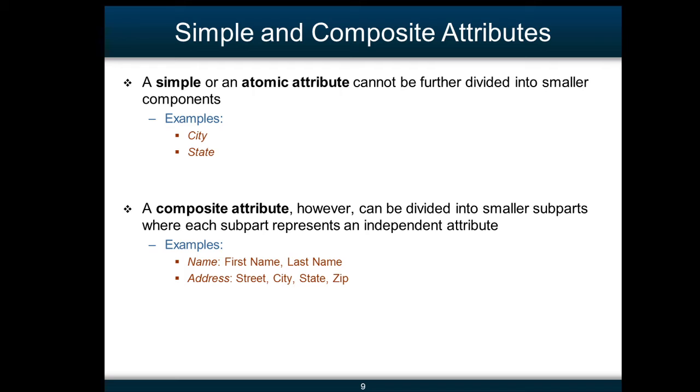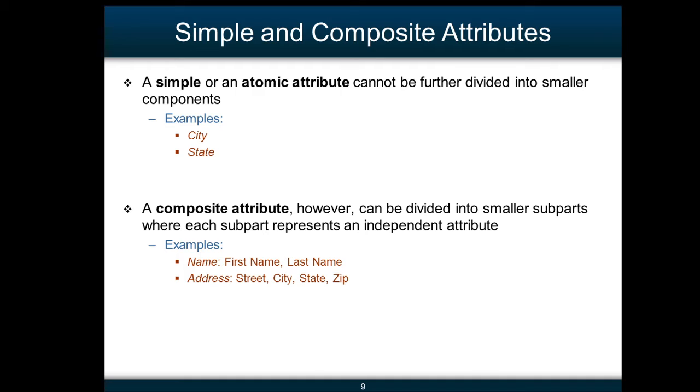Next, we have the types simple and composite attributes. A simple or atomic attribute cannot be further divided into smaller components. Examples are city and state. A composite attribute, however, can be divided into smaller subparts, where each subpart represents an independent attribute.